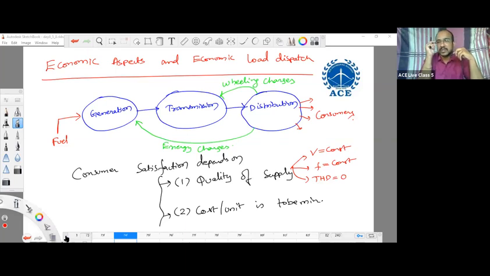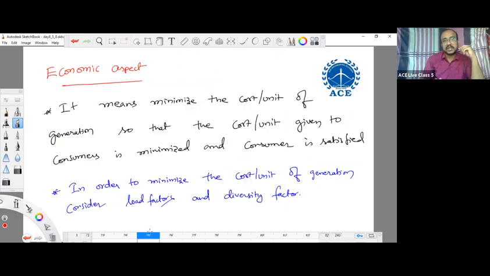The consumer connected to the distribution end will be satisfied if the quality of supply is provided and the cost per unit is minimum. So economic aspect is nothing but minimizing the cost per unit given to the consumer. Sorry, by minimizing the cost of generation. If you minimize the cost of generation, automatically the cost per unit given to the consumer can be minimized and the consumer will be satisfied.